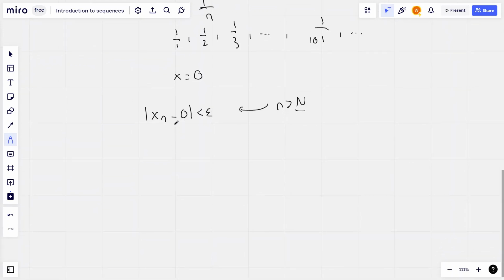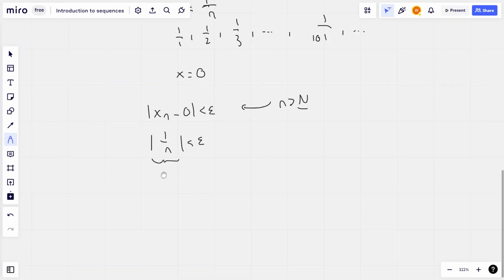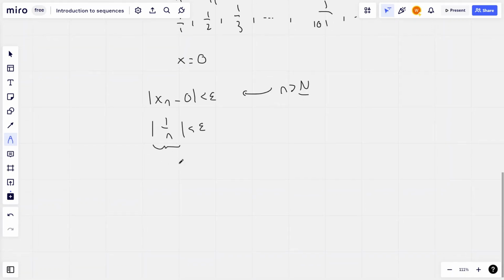We know that xn is 1 over n, so we have 1 over n is less than epsilon, and since both are positive, we have n is greater than 1 over epsilon.